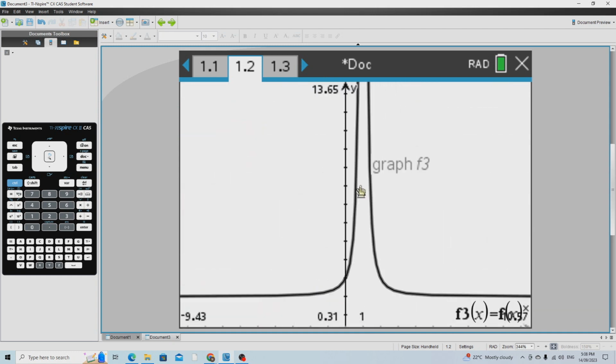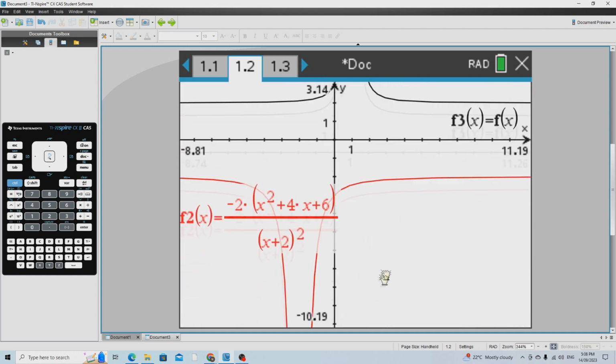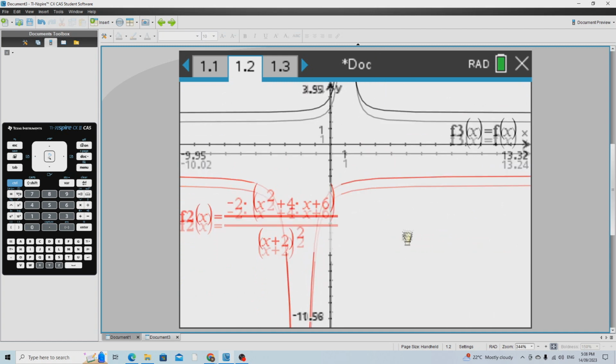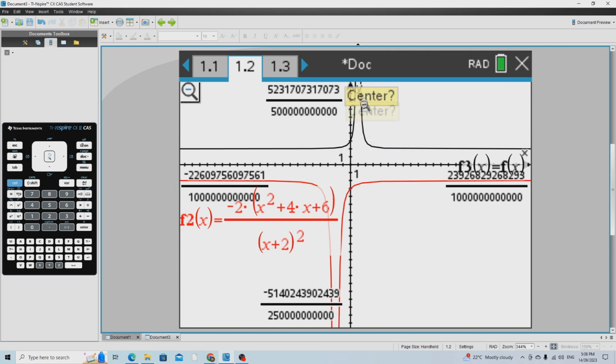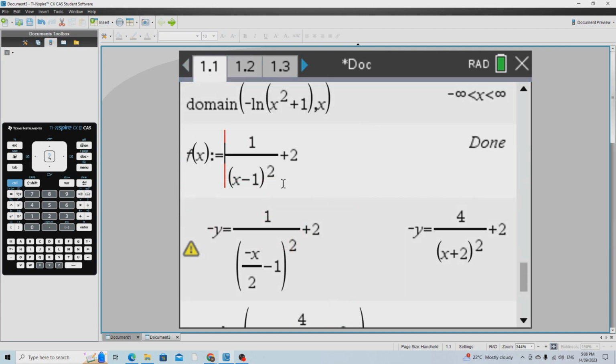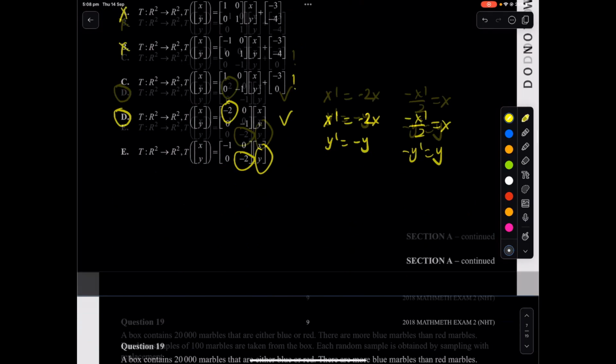Can you see how here it's very thin and here it's very thick? Whereas here it's very thin, so yeah, that should be the answer. Hopefully D is right. I'm going to double check it anyway.